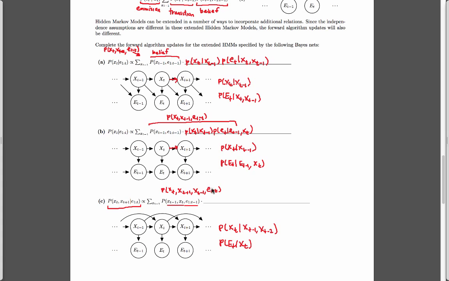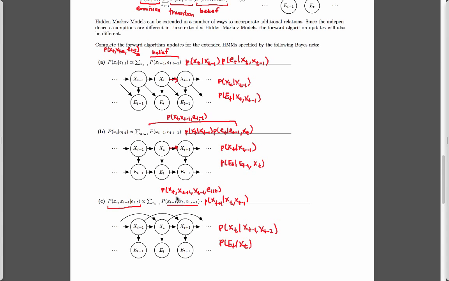And so in order to get this joint probability distribution, we can take our past belief and then multiply that by our transition model. In this case, we want to be careful, because this is actually not the correct form. We want to have xt and xt plus 1 in our final equation, and we have xt and xt minus 1. So we want to put here the probability of xt plus 1 given xt and xt minus 1.